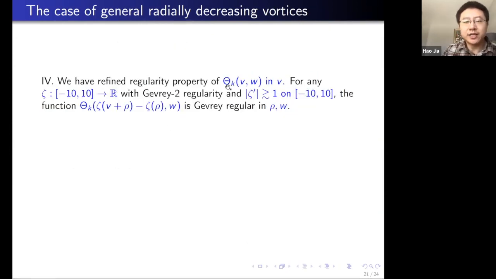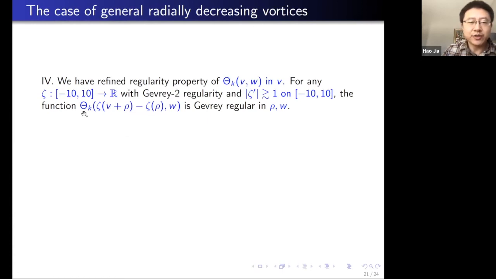We say that this function is not smooth in V when V is close to 0, but we have a remarkable characterization of the singularity structure. Basically, you take any smooth function zeta, and you consider this expression, zeta of V plus rho minus zeta of rho. In this variable, it is not smooth when V is equal to 0.